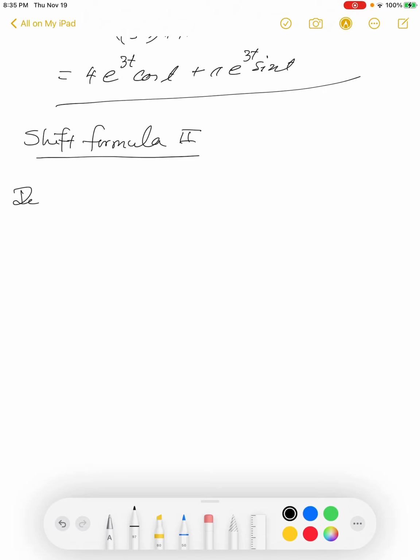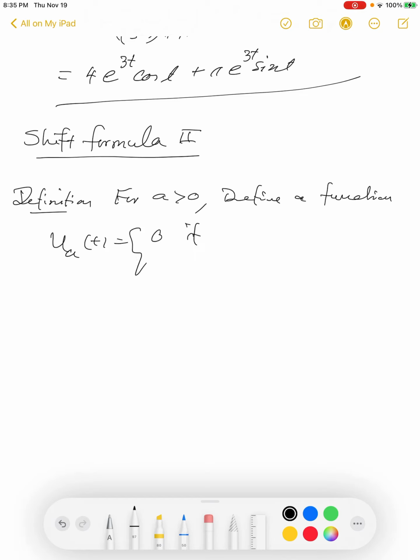So definition: for a positive, define a function u sub a of t to be 0 if t is less than a, and 1 if t is bigger than or equal to a.